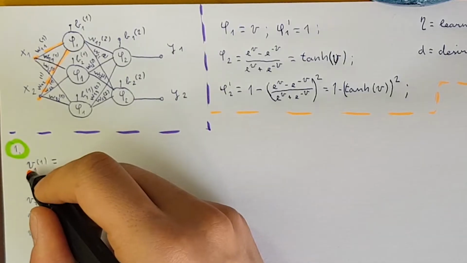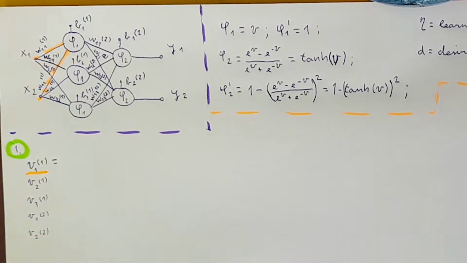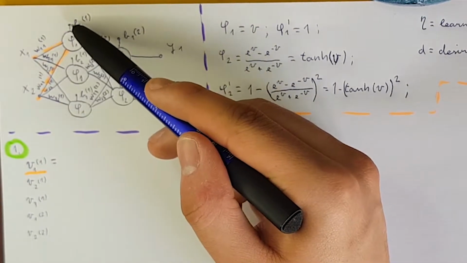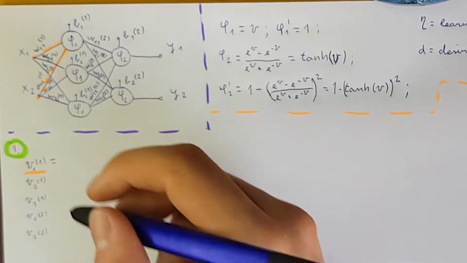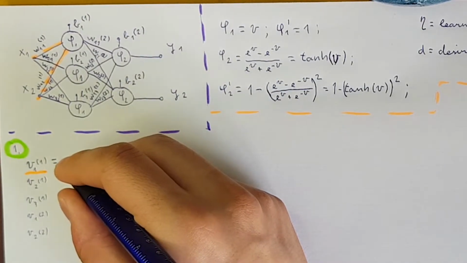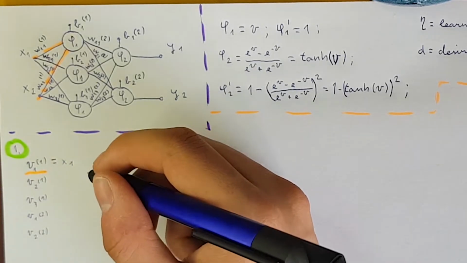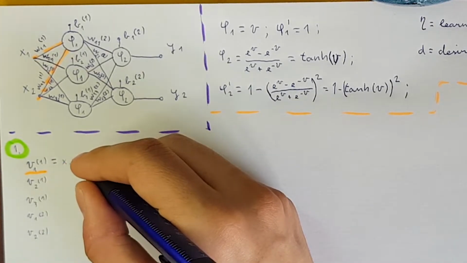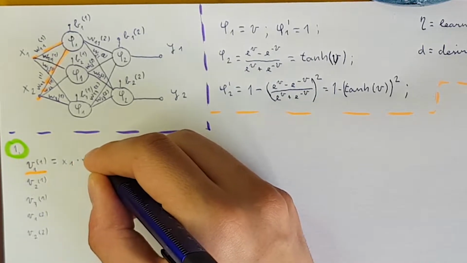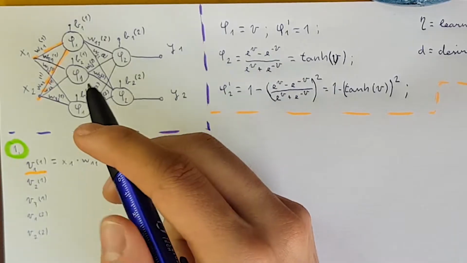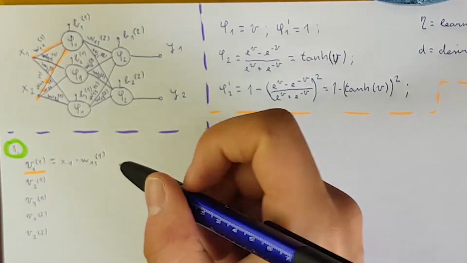And this is for the first weighted sum. And of course, we add the additional weight of B. So as I said, we calculate it by our input x1 multiplied by weight W1,1 of first layer. It is 1,1, this one, first layer.